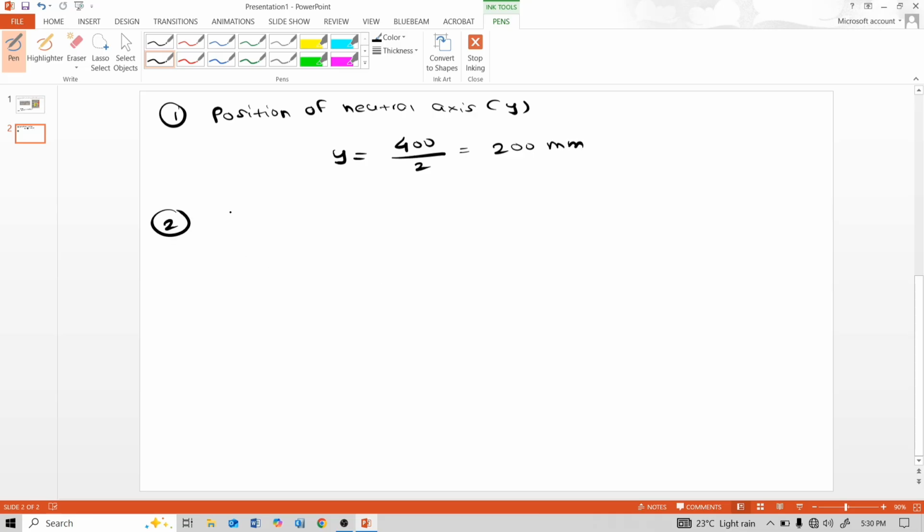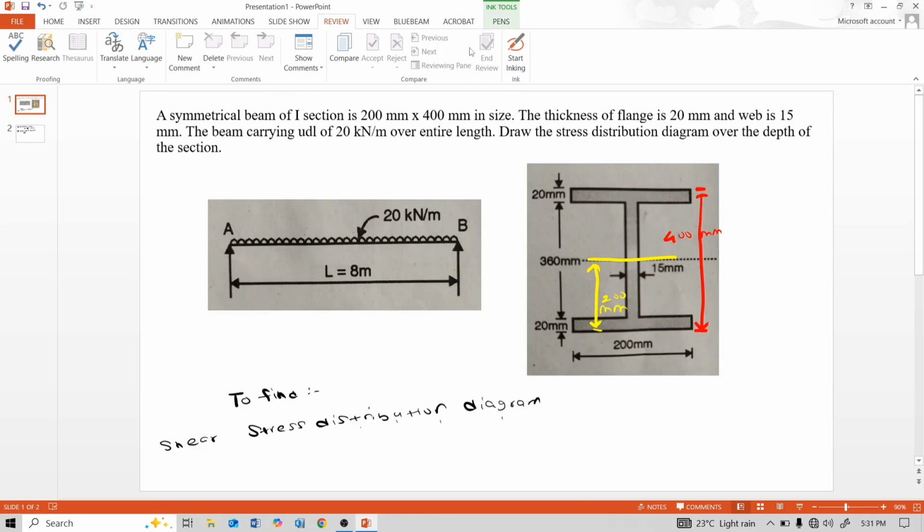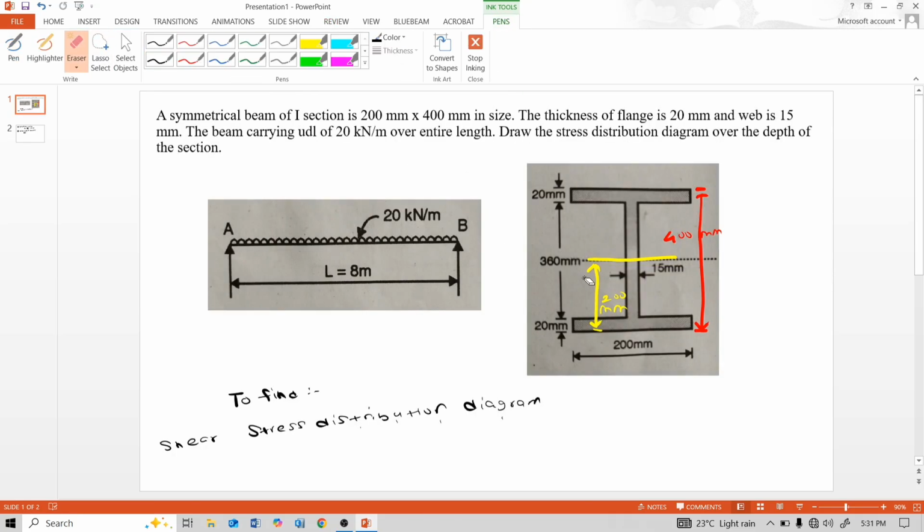The second step is to find the moment of inertia. For this I section, first we consider the full rectangle, this red line.